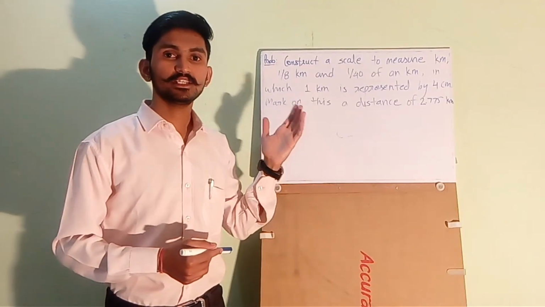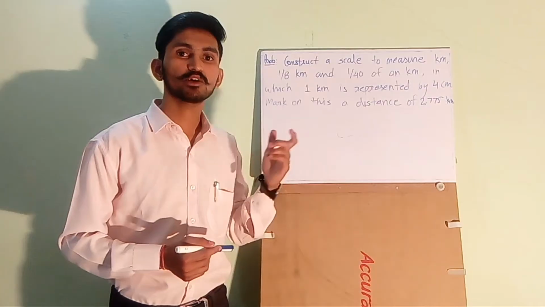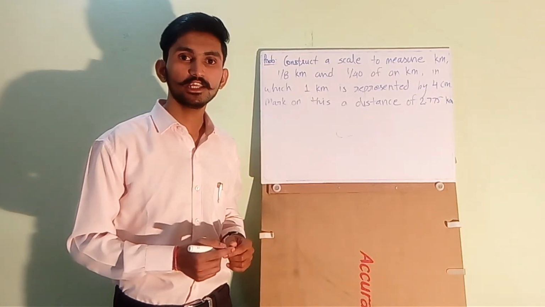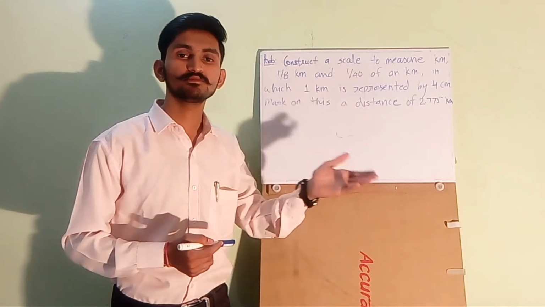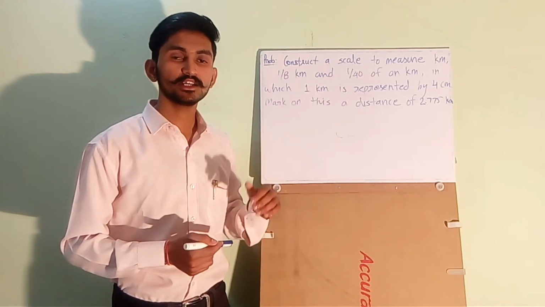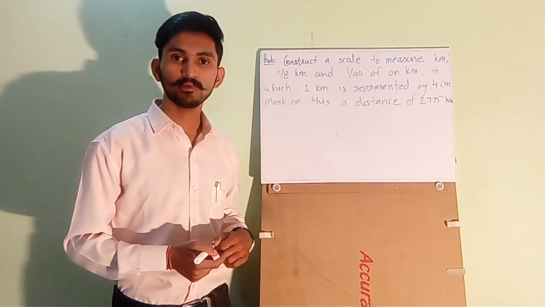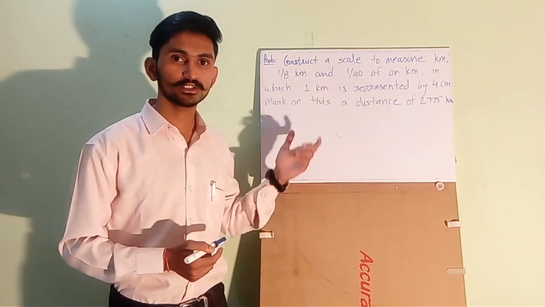In this question, they have not provided us the maximum length to be measured, which will be required to calculate the length of the scale, because the length of the scale is equal to RF multiplied by maximum length to be measured. So we can assume an appropriate maximum length. Let's say we assume 4 kilometers for this question.